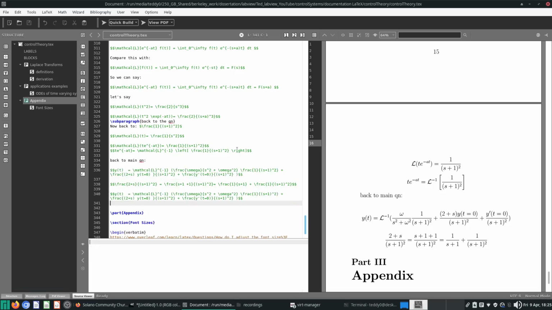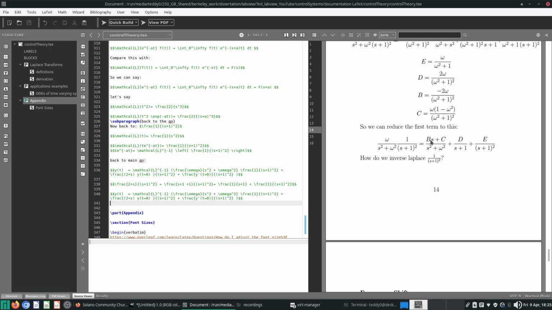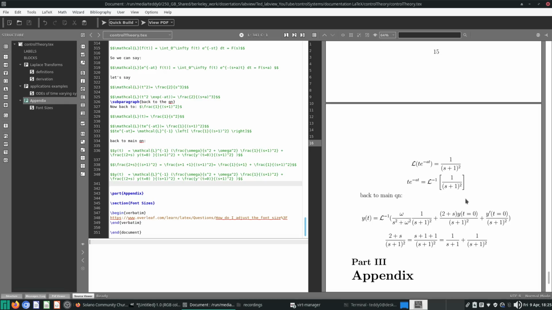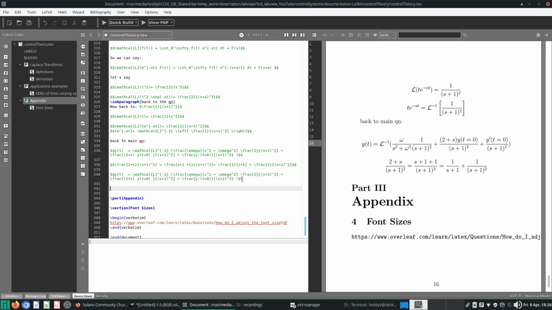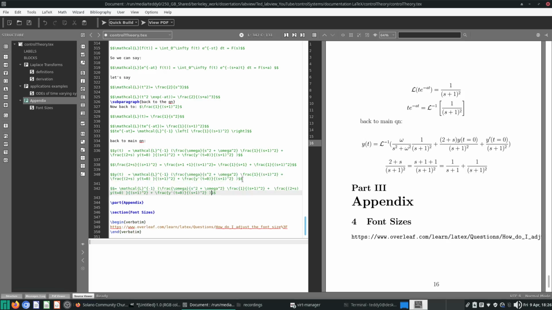Let's put all of this together, and we'll just inverse Laplace all of this. I'm not going to write the final forms; I'll just leave it in A, B, C, D, and E kind of thing. So we will get this part, and we'll inverse Laplace transform that.